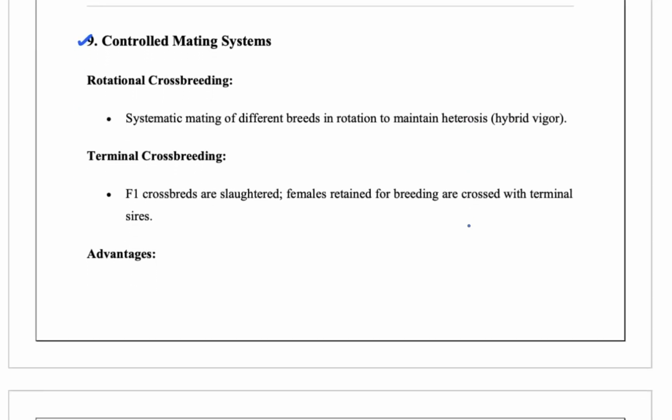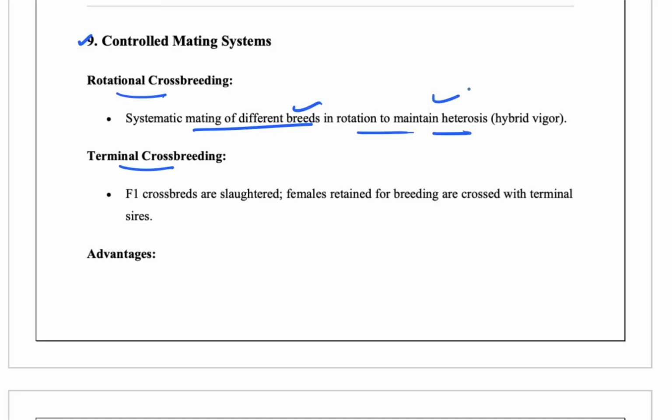Then there is the controlled mating system, which we have already talked about earlier. There is crossbreeding, which can be of two types: rotational and terminal crossbreeding. In rotational crossbreeding, systematic mating of different breeds in rotation is done to maintain heterosis, which is hybrid vigor.